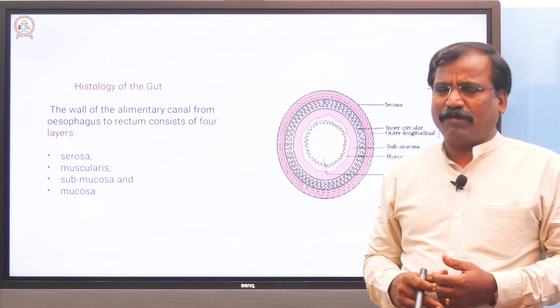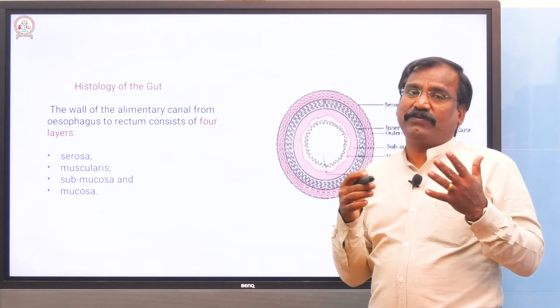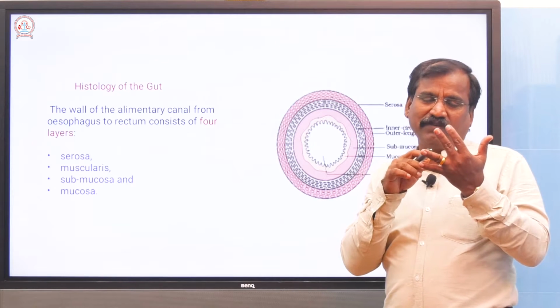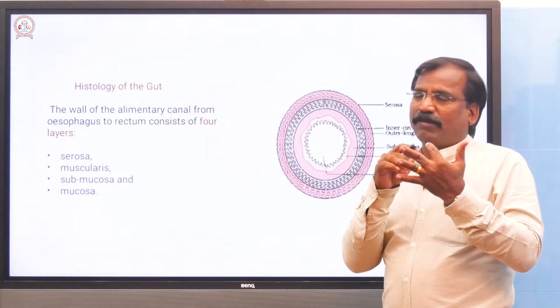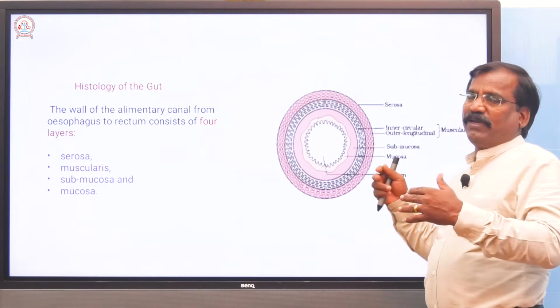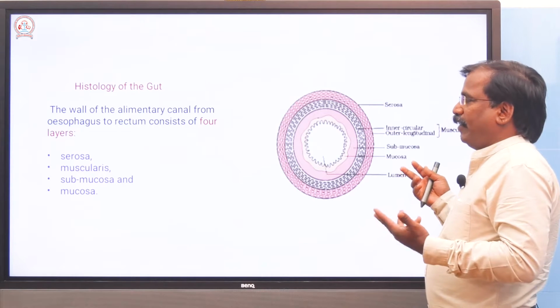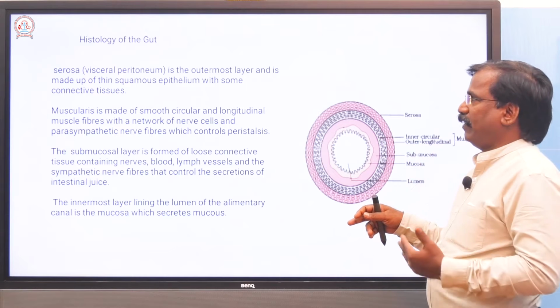So first, SMS: serosa, muscularis, submucosa and finally mucosa. They will shuffle the order and ask which is the correct order, outside to inside.